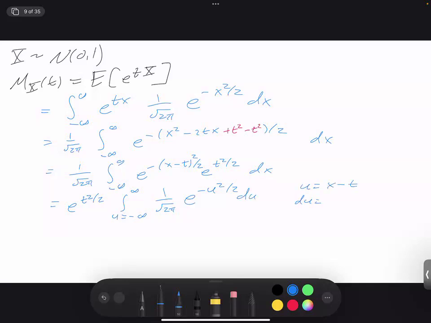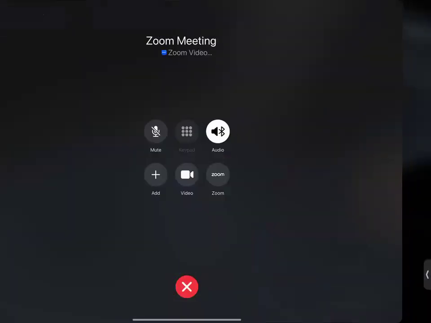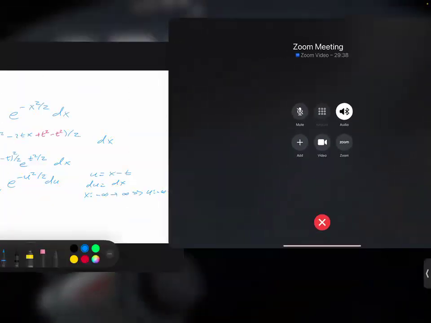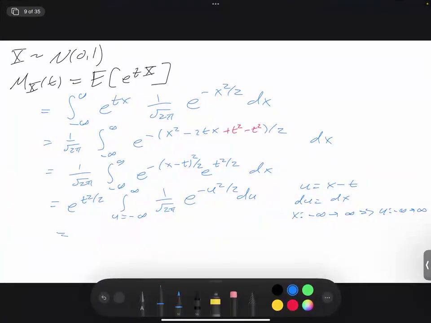So du is dx, x goes from minus infinity to infinity, implies u goes from minus infinity to infinity. Just a really simple change of variables. We know what that integral is. We just did it a moment ago. It's 1. So this is just going to be e to the t squared over 2.